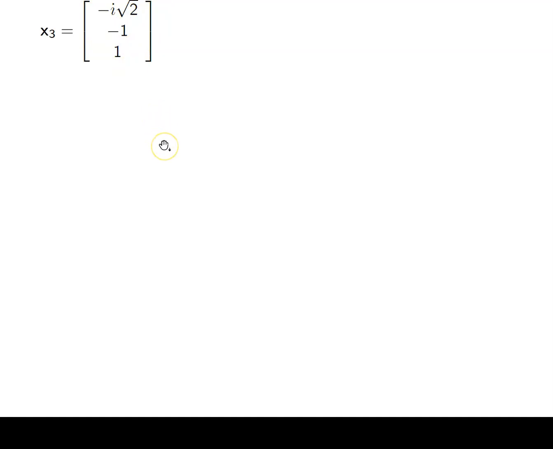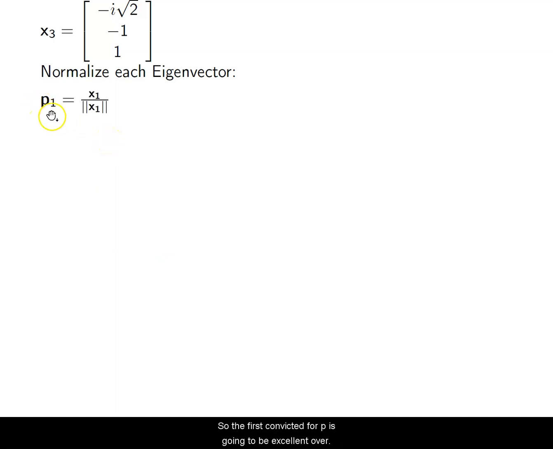So now I have my x1, my x2, my x3. I need to normalize each eigenvector so that I can have an orthonormal basis of column vectors, so I can make that unitary matrix P. So the first column vector for P is going to be x1 over the norm of x1.